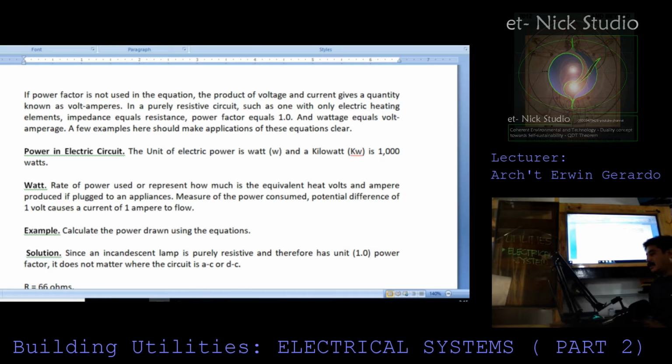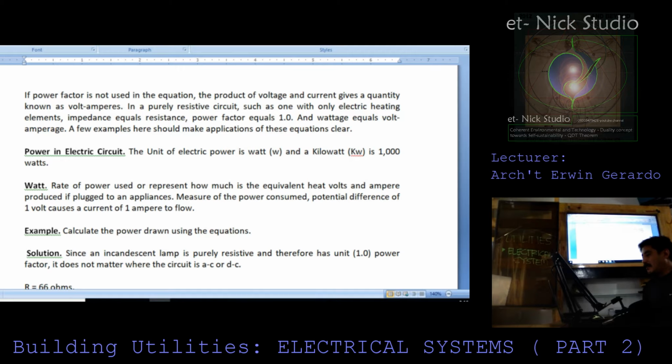Power in electric circuit. The unit of electric power is the watt, abbreviated as W, and a kilowatt, abbreviated with a capital K and a small letter W, is 1000 watts.